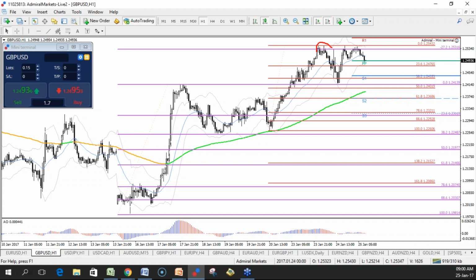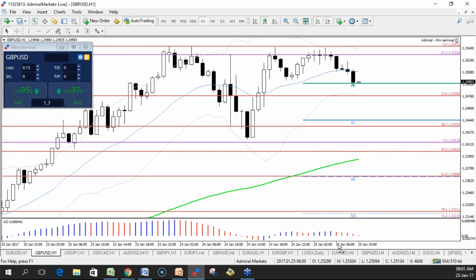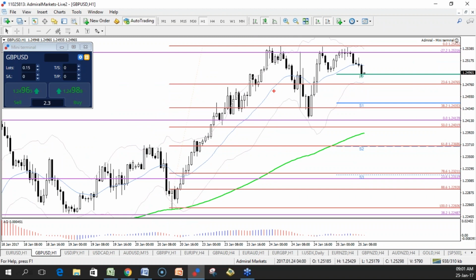But we're getting a bit ahead of ourselves, because the first question was, why was this a turning spot? My first answer was the minus 272 target and the 125 resistance. Second, you can see the momentum: clearly continuous higher highs and higher lows, and there was not much of a pause except a few candles here. But within 5 to 6 candles, you see a push through: 1, 2, 3, 4, 5, 6 bearish candles, breaking through the lows of this candle.